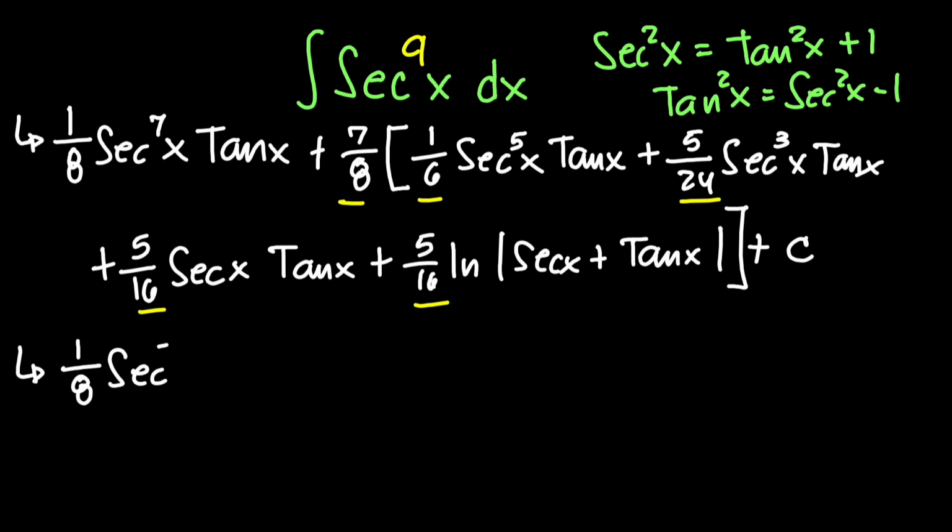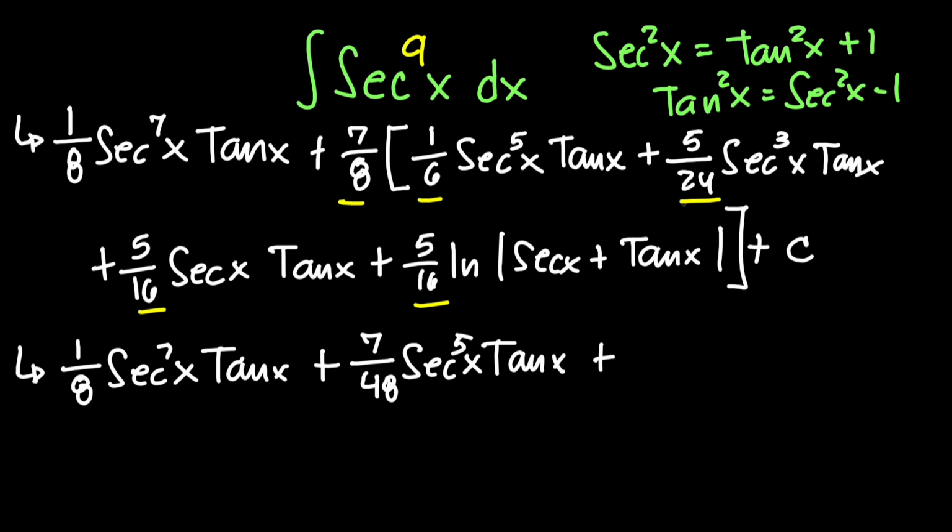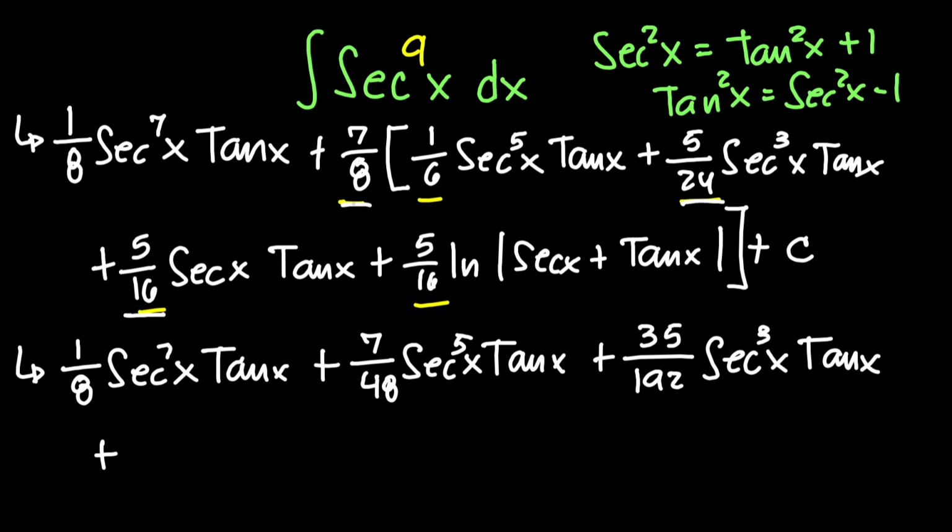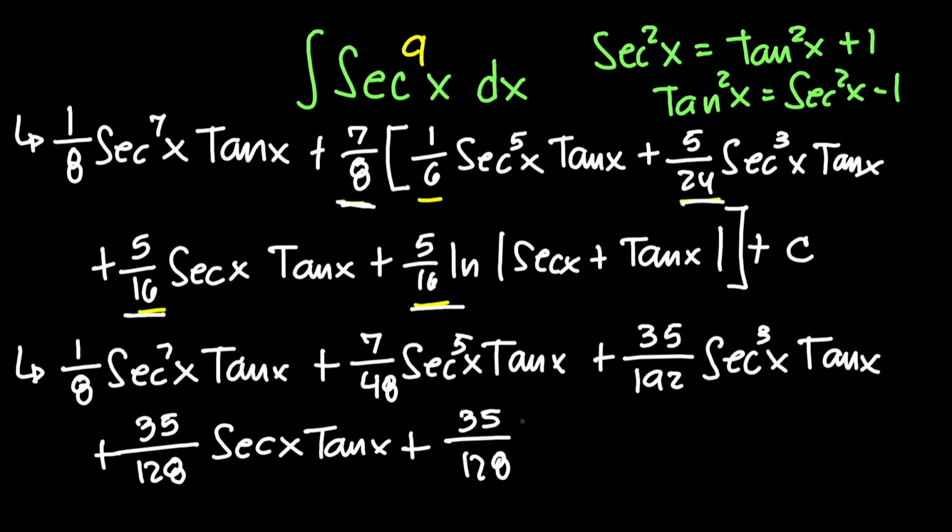1/8 secant to the power 7 of x tan of x plus 7 over 8 multiplied by 1 over 6 would be equal to 7 over 48 secant to the power 5 of x tan of x plus 5 over 24 multiplied by 7 over 8 would be equal to 35 over 192, plus 5 over 16 multiplied by 7 over 8 would be equal to 35 over 128, plus 5 over 16 multiplied by 7 over 8, which is 35 over 128, natural log of the absolute value of secant of x plus tan x.